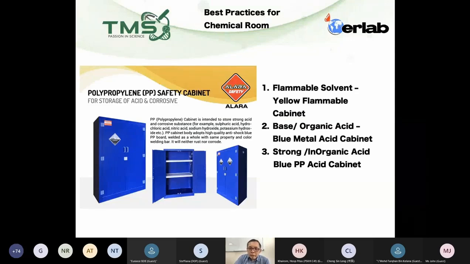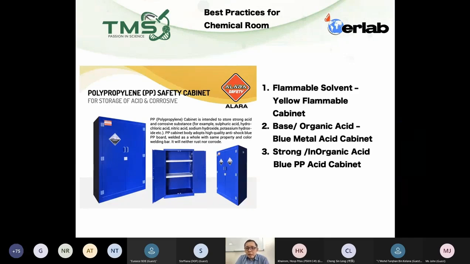Whereas if you have strong or inorganic acids like HCl, sulfuric acid, nitric acid, I will recommend, especially in large quantities like 4 liters or 2.5 liters, that you store them in a PP acid cabinet. So your cabinet can last longer and your chemicals are safe.